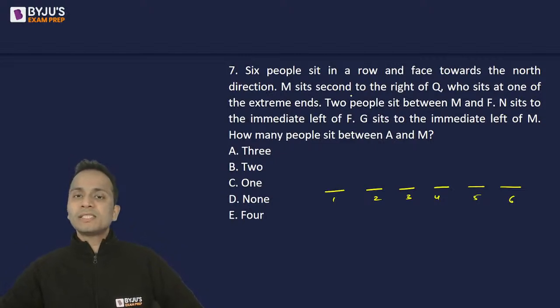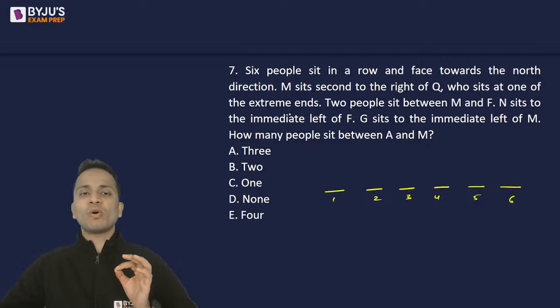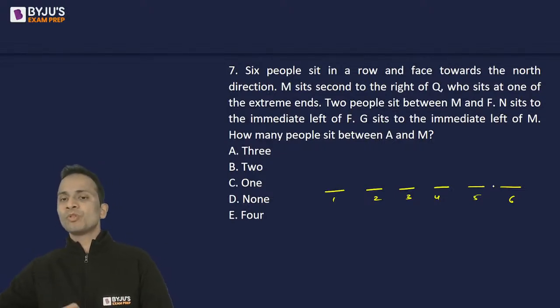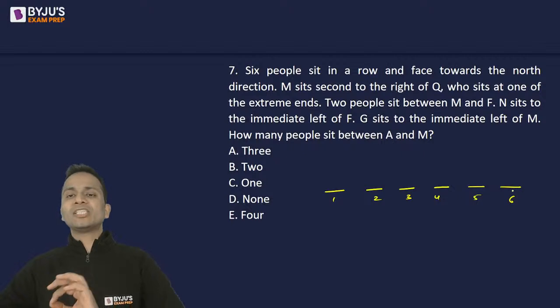Now M sits second to the right of Q. Q sits at one of the extreme ends. That means Q will sit at chair number 1 or chair number 6, such that M sits to the right of Q. So there should be some place towards the right of Q. So that means Q cannot sit at chair number 6.